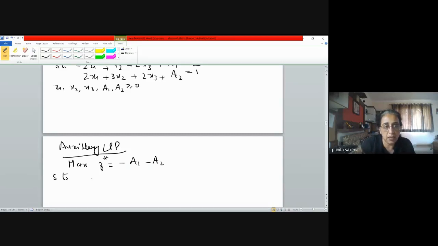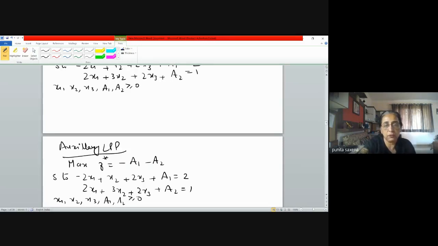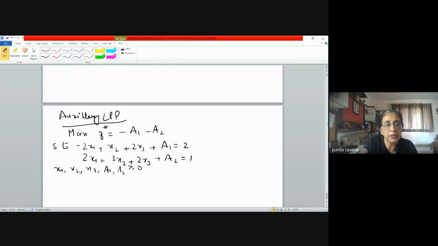That means minus 2x1 plus x2 plus 2x3 plus a1 equal to 2 and then 2x1 plus 3x2 plus 2x3 plus a2 equal to 1 and with x1, x2, x3, a1, a2 more than or equal to 0.